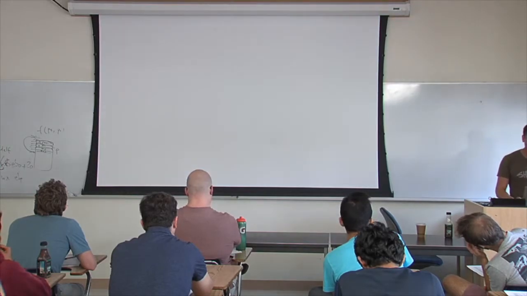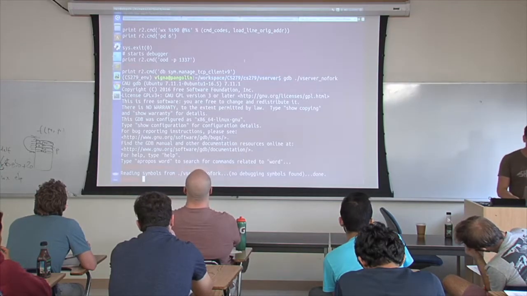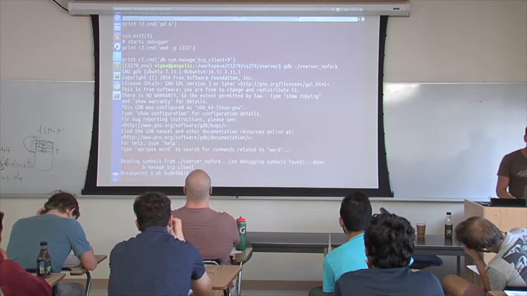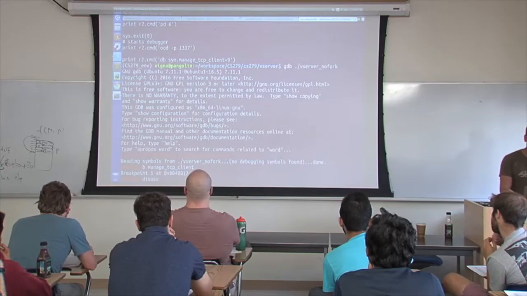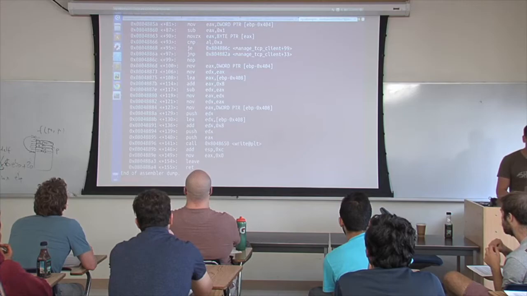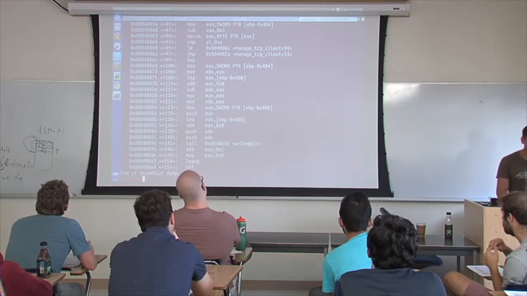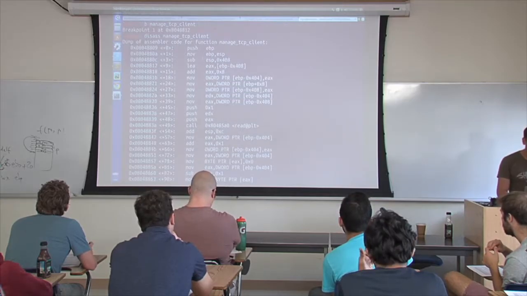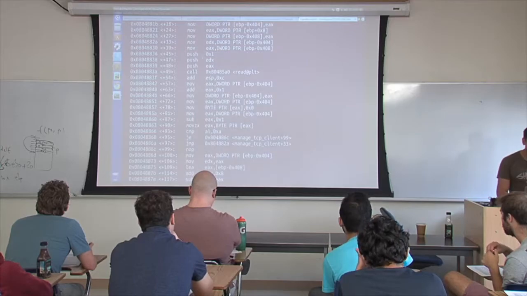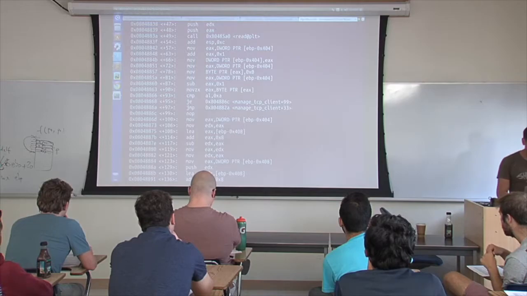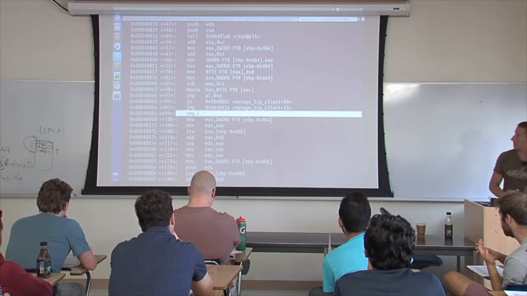So here you would go, I can see break manage TCP client, and let's say right before the write, I could stop. Where is our comparison? Here it is. This is plus 99. I want to stop here, you see?